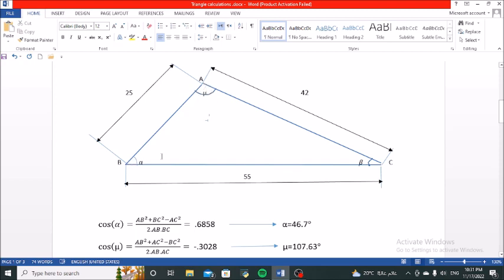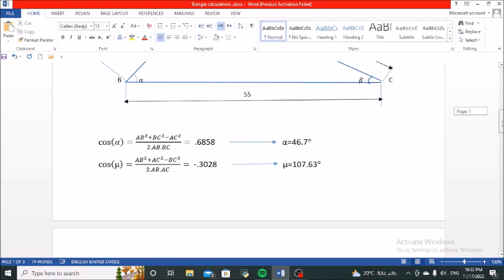Angle B is alpha. Cosine mu equals AB squared plus BC squared minus BC squared over twice AB BC, which came out to be minus 0.3028, which corresponds to mu equal to 107.63 degrees.